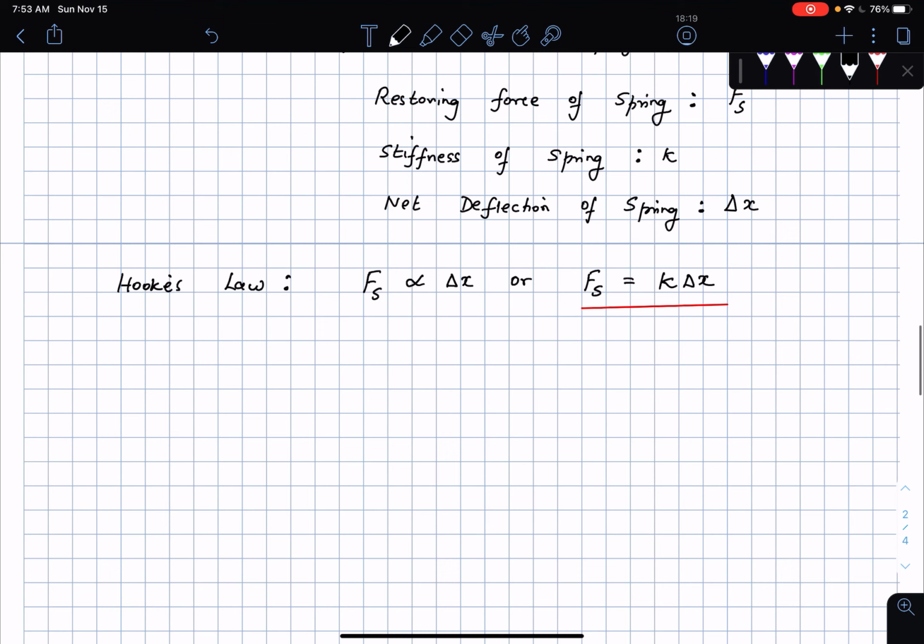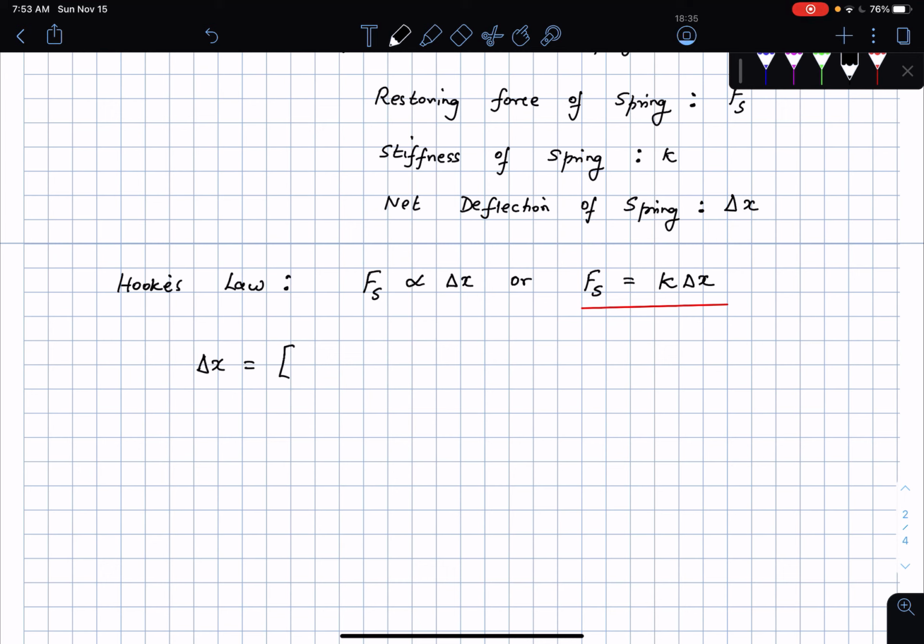Okay, and so we need to define what is meant by delta x. Delta x is the net deflection of the spring. It is defined as the difference between the displacement of the spring's either ends from its undeformed position.